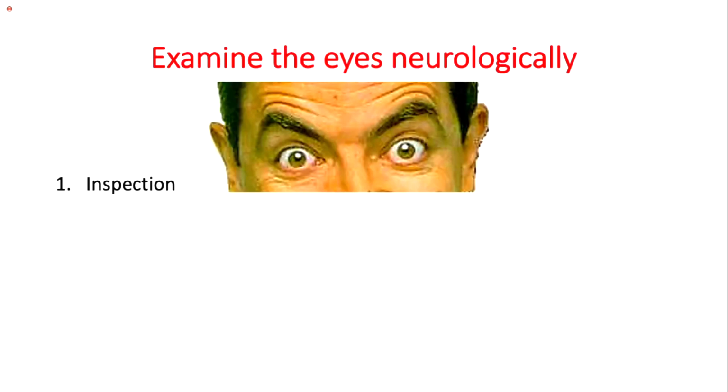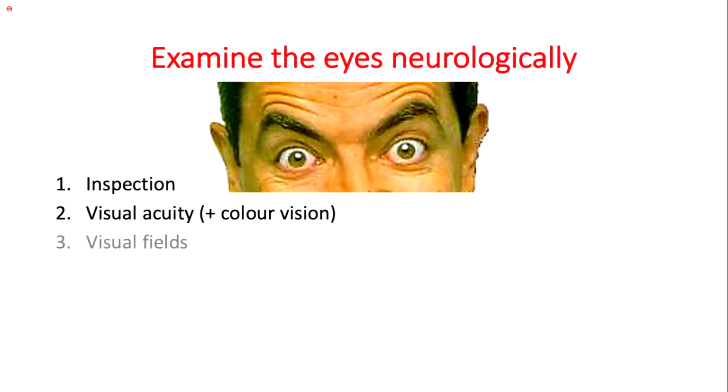There are several components when you say examine the eyes neurologically, and we expect that you have done the following steps. One is inspection. Secondly, visual acuity. Color vision we do not bother with in the short case, but in usual practice it's good to ask the patient, showing a red object, green object, blue object, can you see these colors?